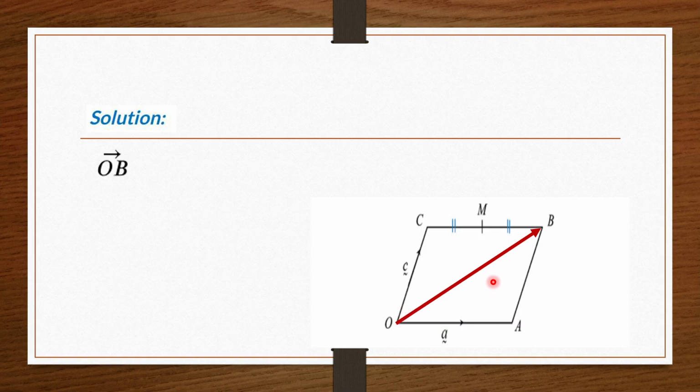So here I am going to use the parallelogram law to find the resultant vector OB. So OB equals OA plus OC, where OA is A and OC equals C. So OB equals A plus C. If you don't remember the law, please go back to the slide and listen again.